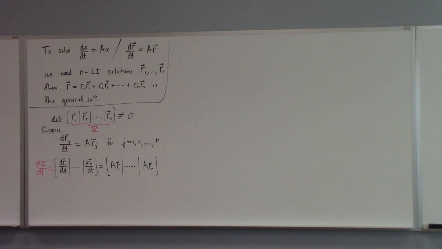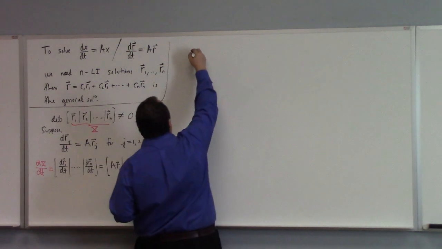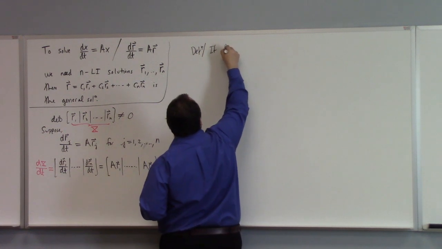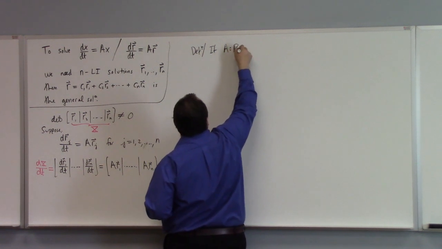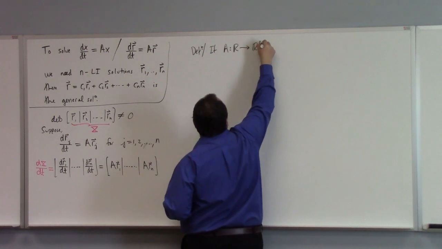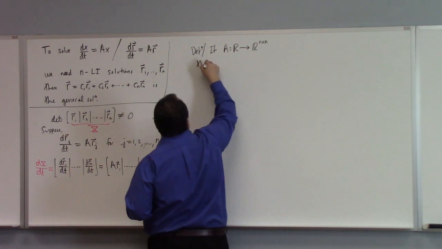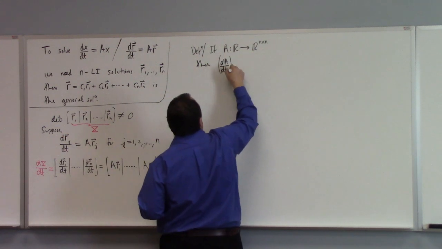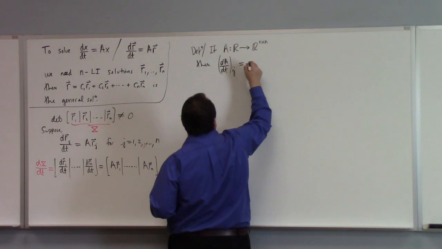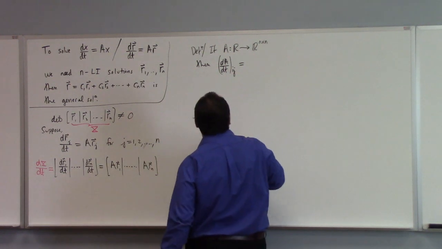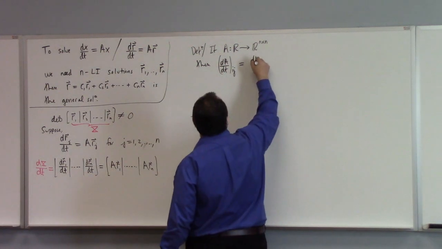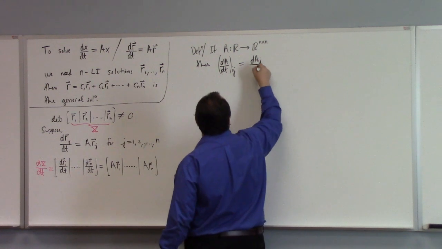If you want, I can write the definition down. Check it out. If you have A is a mapping from the reals to n by n matrices, then the ijth component of dA/dt is equal to what? The derivative of the ijth component of A. So you erase the parentheses.